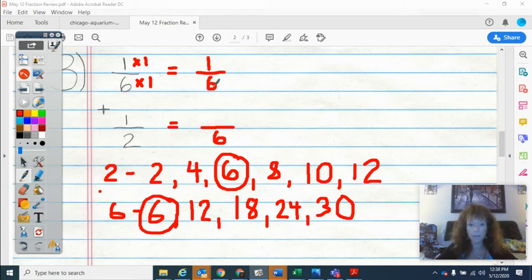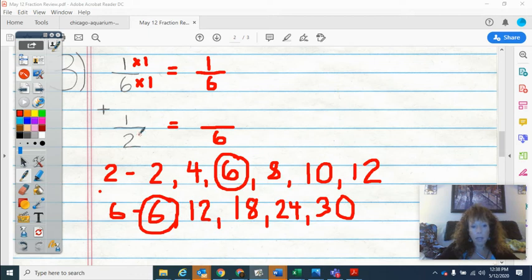Okay, that's easy. But now what about 1/2? Remember, this is a proportion. It's a ratio. It's a division problem. A fraction is all of those things. So this is 1 out of 2, or 1 divided by 2.